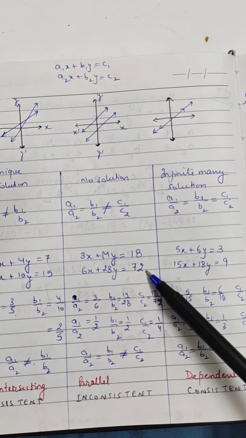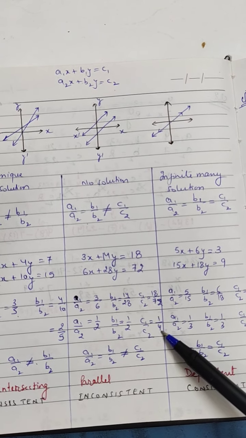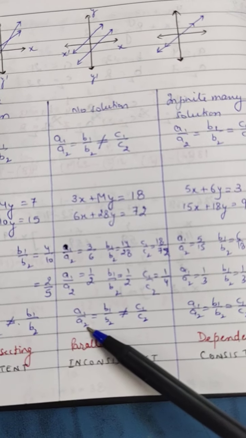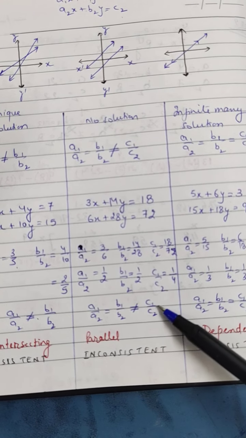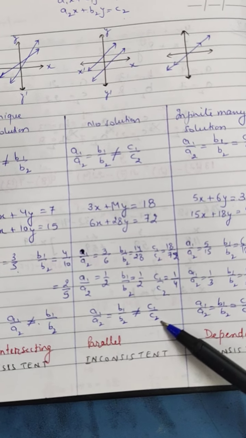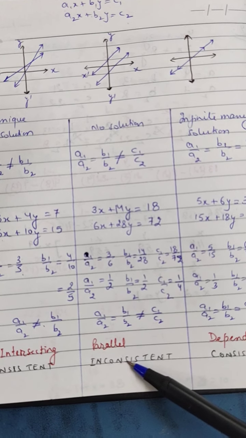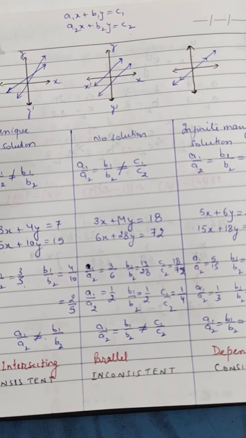And c1 by c2 comes out to be 1 by 4. So a1 by a2 is equal to b1 by b2, but is not equal to c1 by c2. The lines are parallel, and such a solution is said to be inconsistent, right?